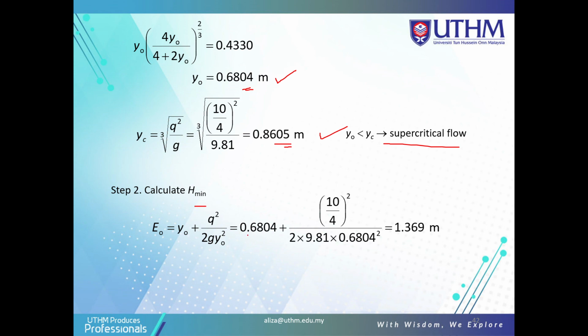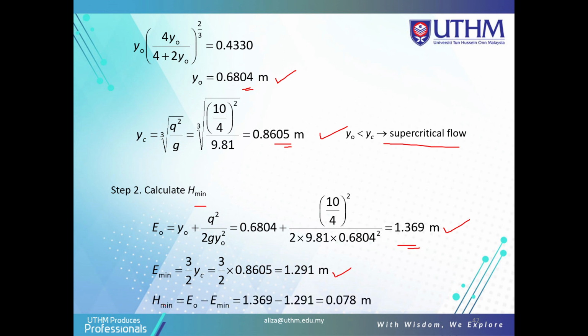Put in the value of Q here until you get E naught, the specific energy at normal depth, which is 1.369 meter. And we know that E minimum is 3 over 2 times YC. YC is 0.8605, so E minimum is 1.291 meter.